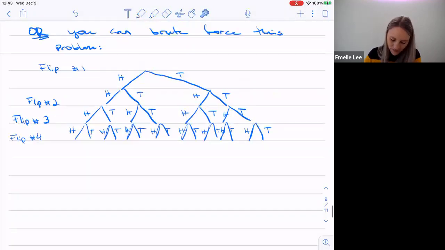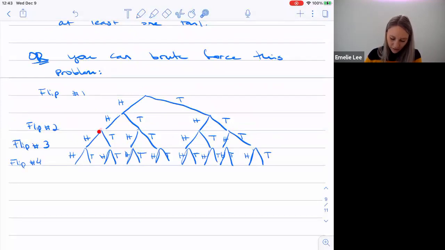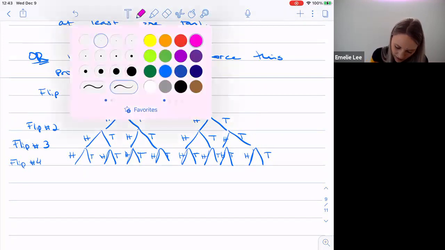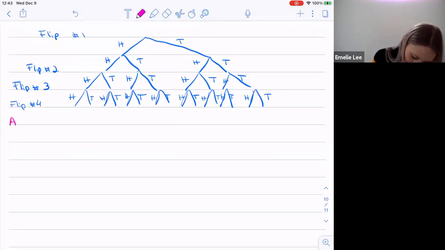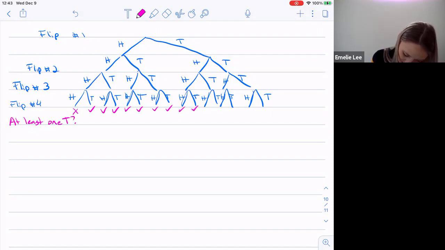If I go through these, there's one branch that gives me all heads. Then I can trickle through all these branches to have at least one tail in each of these. At least one tail. Here, no, yes, yes, yes, yes, yes, yes, yes, yes, yes, yes, yes, yes, yes, yes, yes.